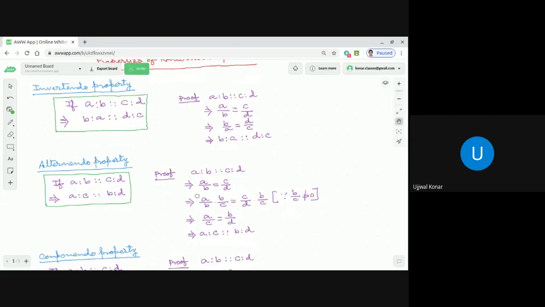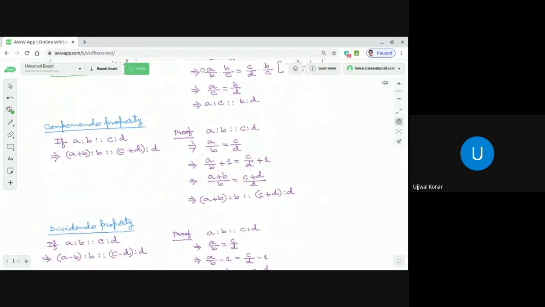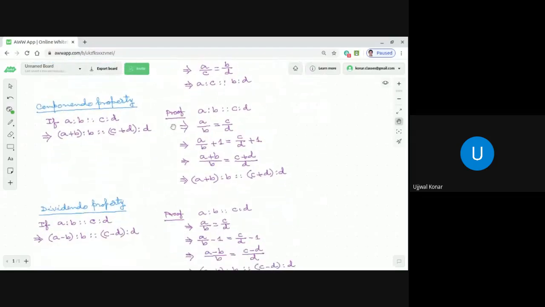The next property we learned today is called the componendo property. Componendo property says that if A is to B is equal to C is to D, then A plus B is to B is equal to C plus D is to D. That is called the componendo property.